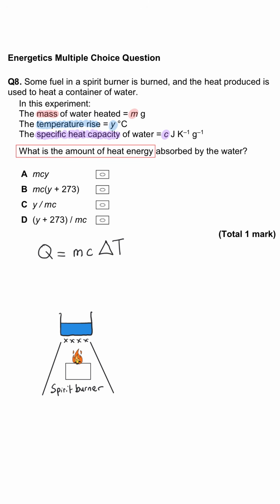Q is the heat energy, m is the mass, c is the specific heat capacity. It's the temperature rise that they've changed, so they haven't changed very much. Now, the temperature rise is expressed here in degrees C. However, they are tempting us to think that we need to convert that into Kelvin because 2 of our answers are to add 273 to that temperature rise.